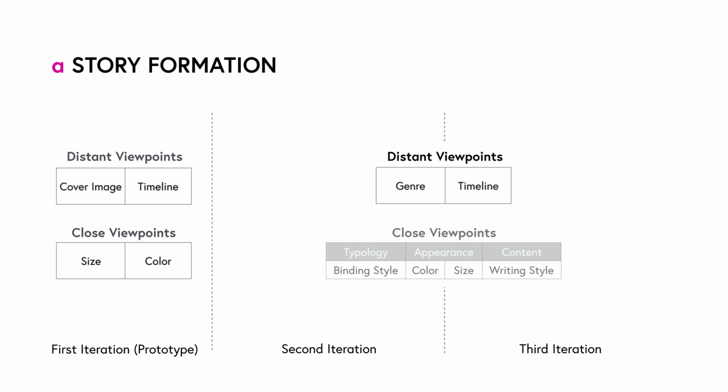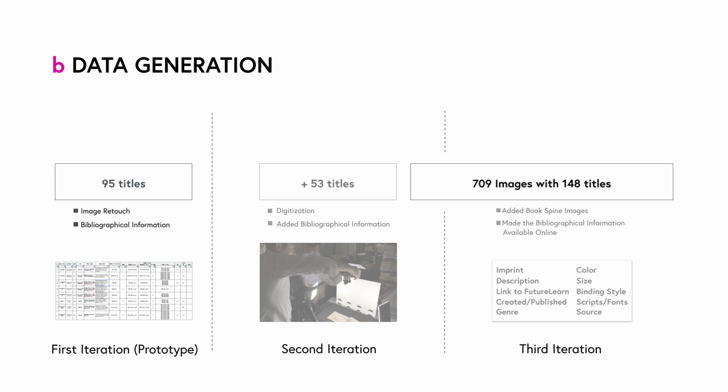Then for the close viewpoints, I added binding style and writing style. For the data generation phase, I digitized 53 new titles. And finally, for the third iteration, I added the spine images and published all of the bibliographical information we had online.